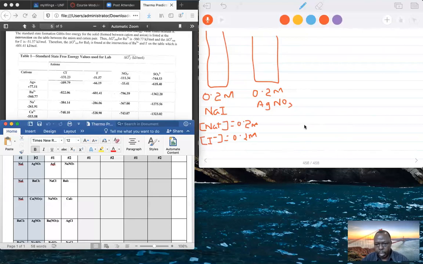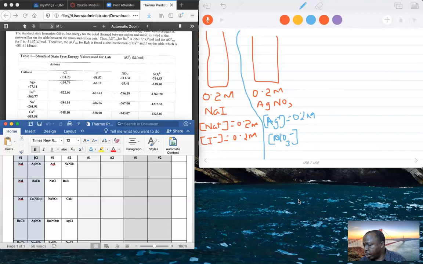Let me just remove my chat feature. I don't want to give it away. And for the second reagent, silver ion, the concentration of silver ion is 0.2 molar, and nitrate is 0.2 molar.